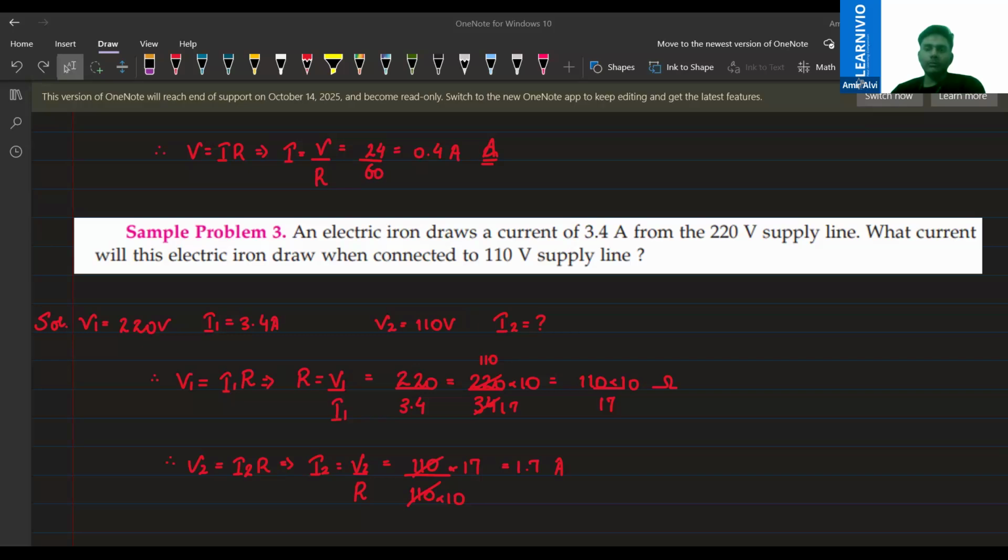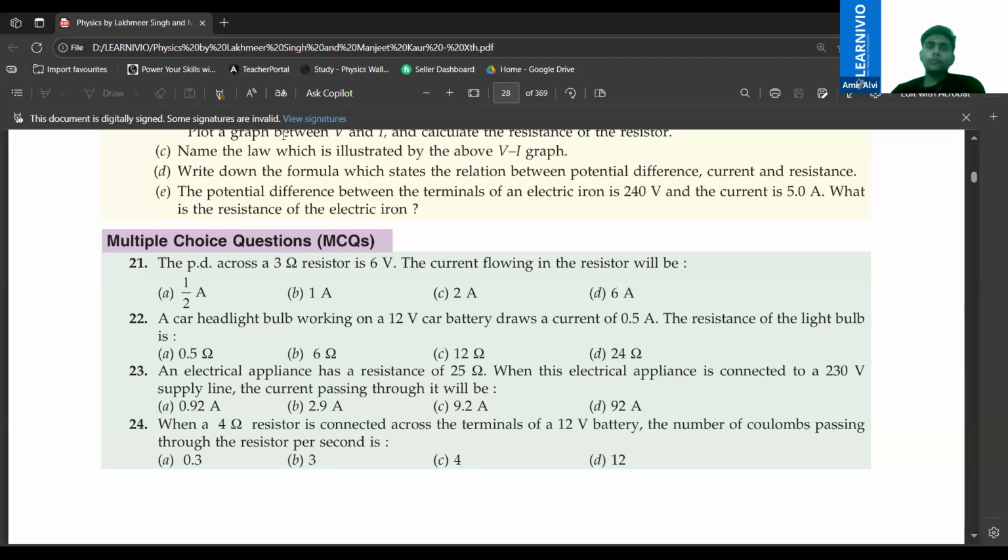Let me just paste some more questions. Give me a minute. Okay, please do questions number 21, 23, and 24 and let me know the answer in the chat.